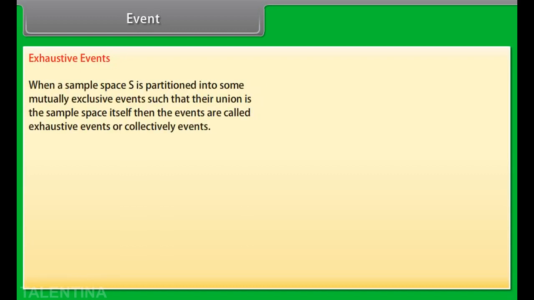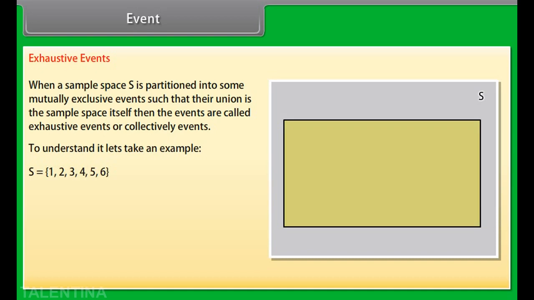Exhaustive events. When a sample space S is partitioned into some mutually exclusive events such that their union is the sample space itself, then the events are called exhaustive events or collectively exhaustive events. To understand it, let's take an example. S = {1, 2, 3, 4, 5, 6}.